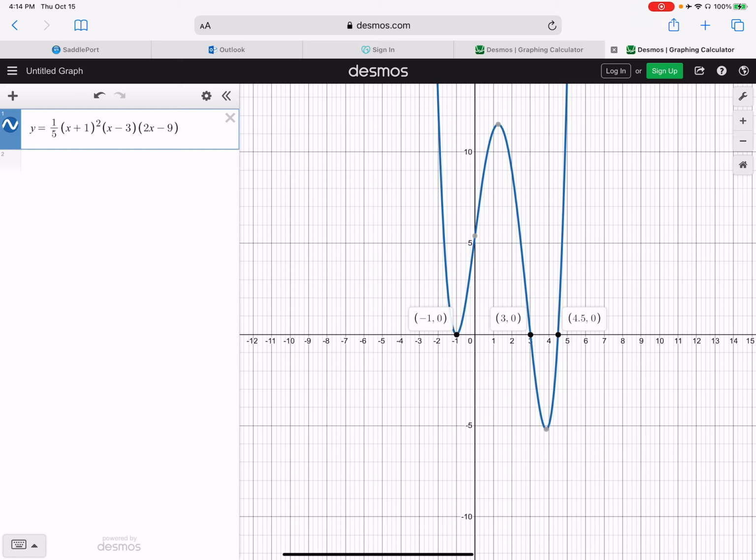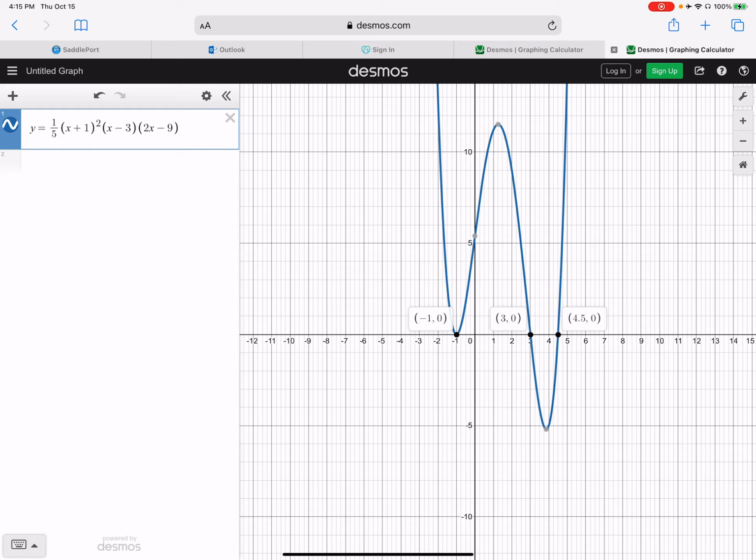It doesn't bounce and go in the same direction. So at odd roots, 3 and 4.5, the graph just passes through. So -1 is going to be even because you have a bounce. 3 and 4.5 are going to be odd roots because the graph passes through and changes from positive to negative or negative to positive. And so that's the roots of that.